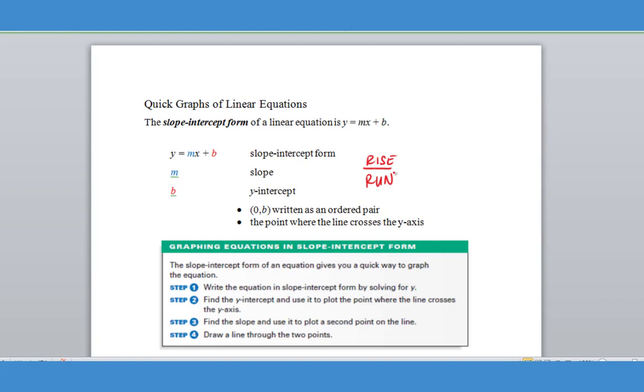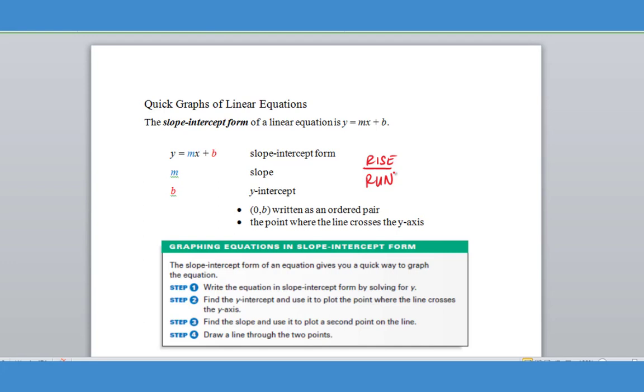Now, the section title is Quick Graphs of Linear Equations. If you recall, we discussed in an earlier unit that the bailout to graph any function would simply be to create an XY chart. You could plot as many points as you wanted by taking x values, plugging them into the equation and getting the corresponding y value.